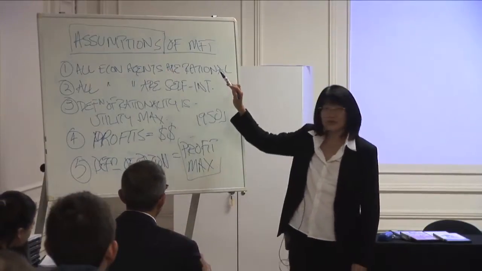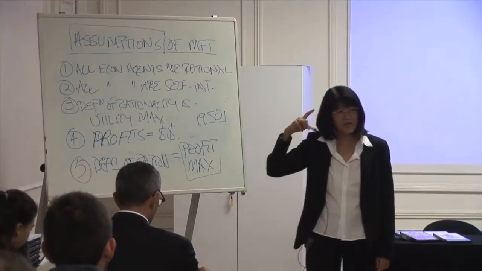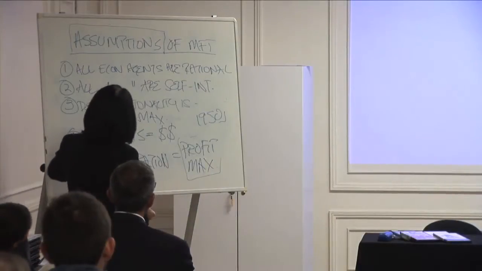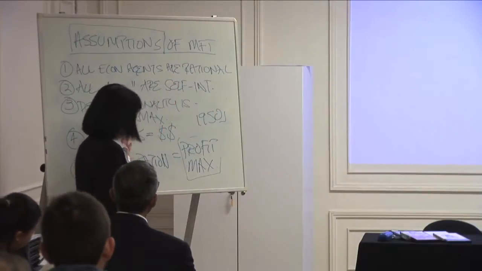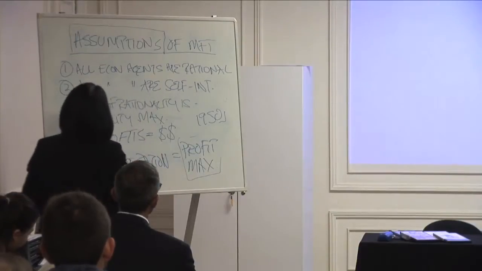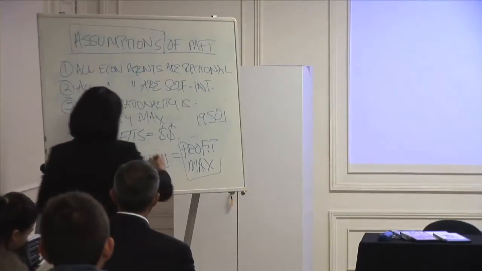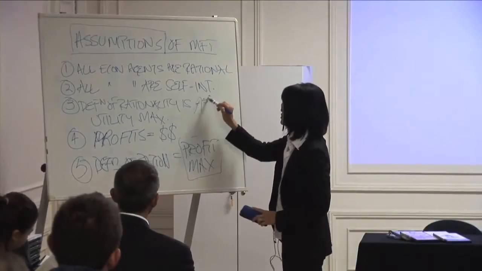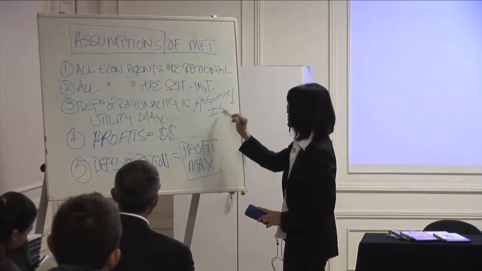But then, as you know, through time, ideas change, and they harden, and they ossify. So the assumptions over time became, instead of, we assume all economic agents are rational, and we assume that they are profit maximizers, we went from assume to is, okay?